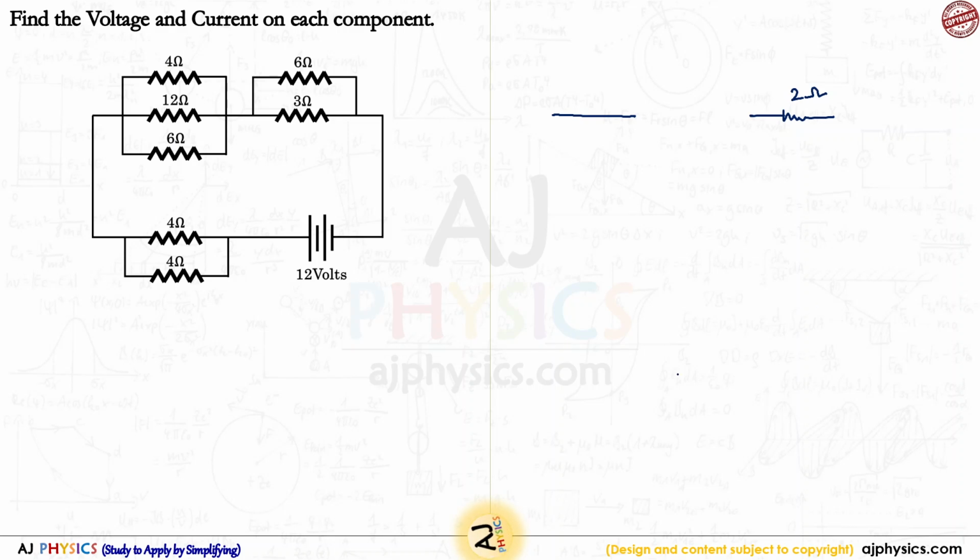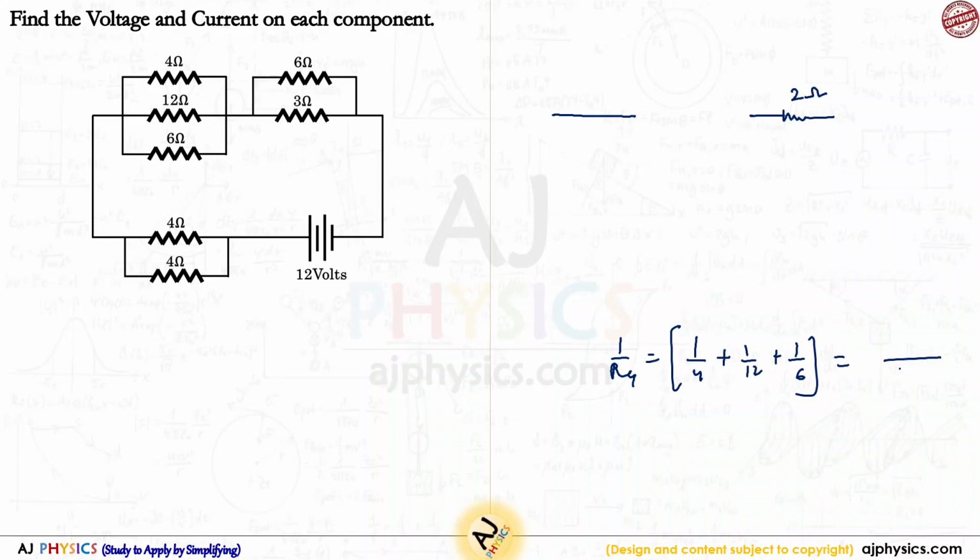For three resistors, you can use the formula with R1, R2, R3, or maybe I think the LCM is better. So that would be 1 by 4 plus 1 by 12 plus 1 by 6. Let's solve this quickly.